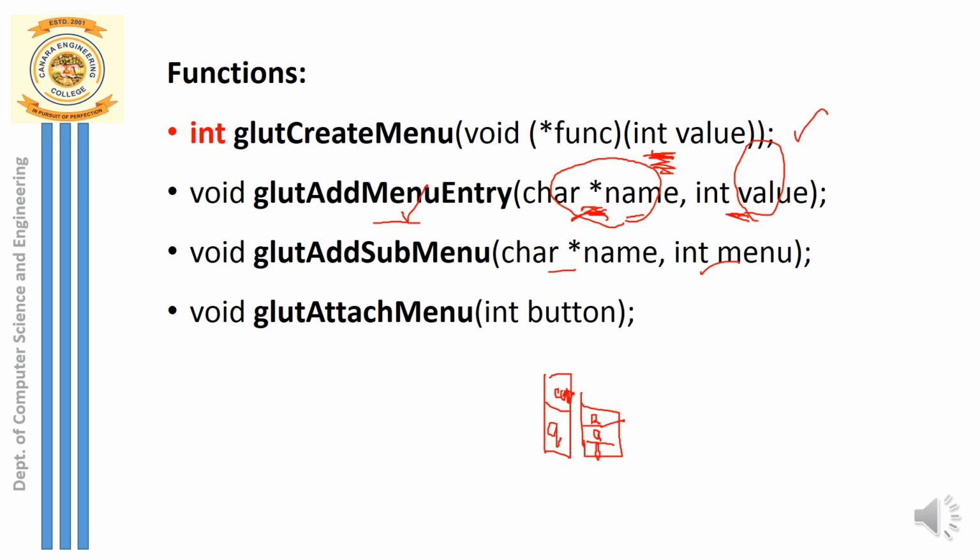We will see that in the example. And then the last OpenGL function is attaching a button. Left mouse button, middle mouse button, or right mouse button, any button you can attach. Suppose you say right click, then the menu should appear. So the right button should be attached to the menu in that case.